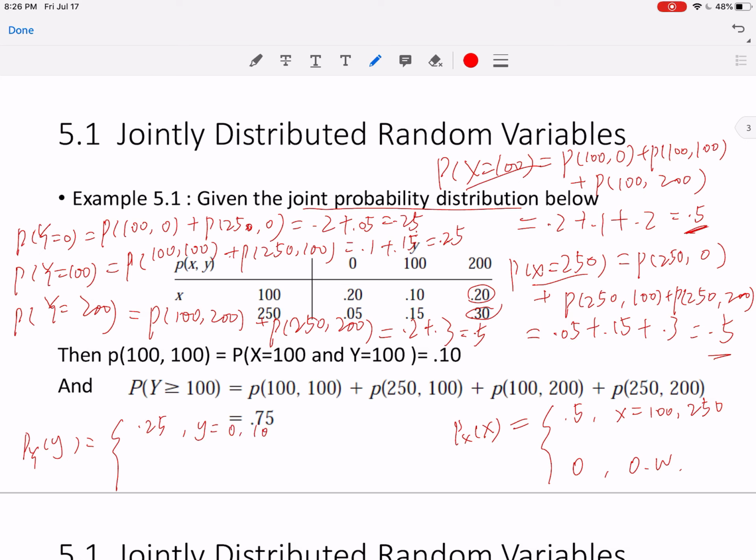And then the probability is going to be 0.5 for y equal to 200. And of course, 0 otherwise. Don't forget that. All right, that's pretty much how we find the marginal PMF based on the given joint probability distribution.